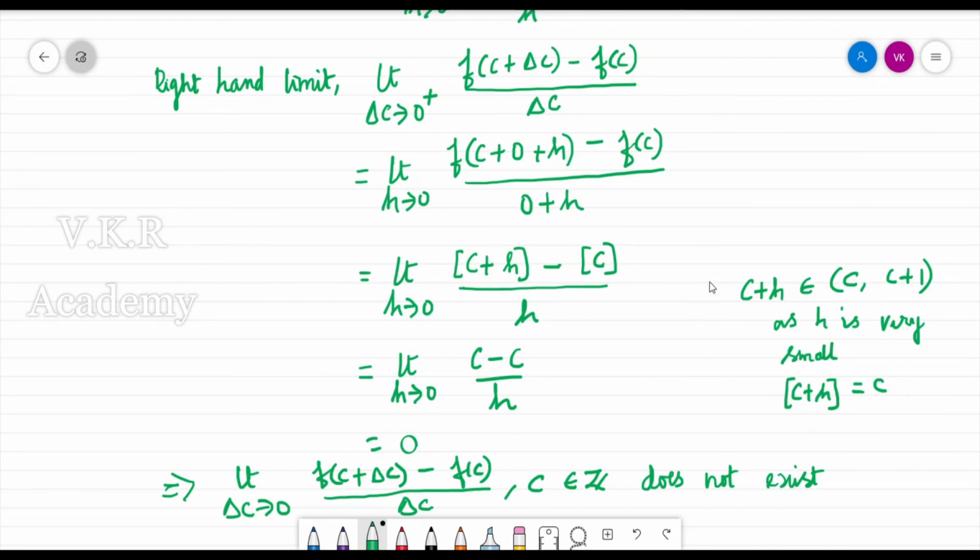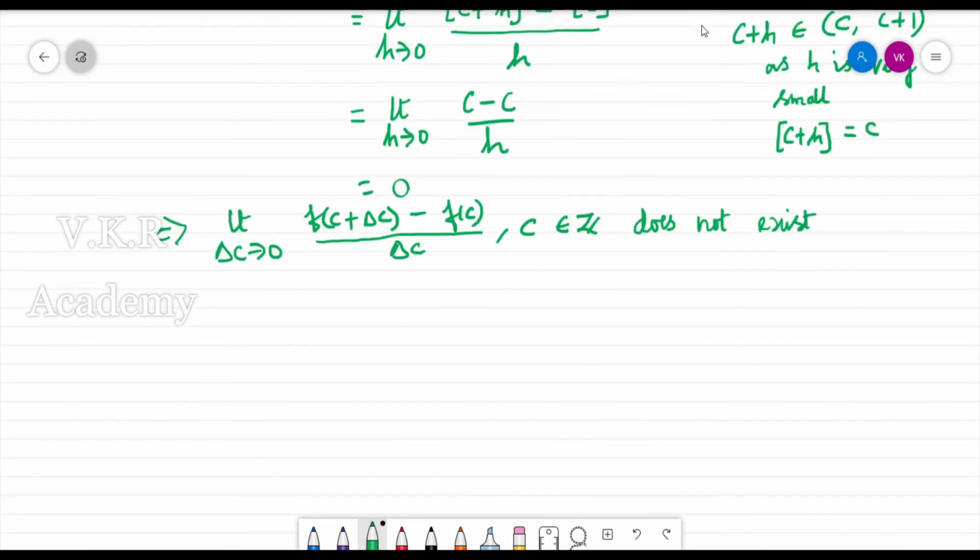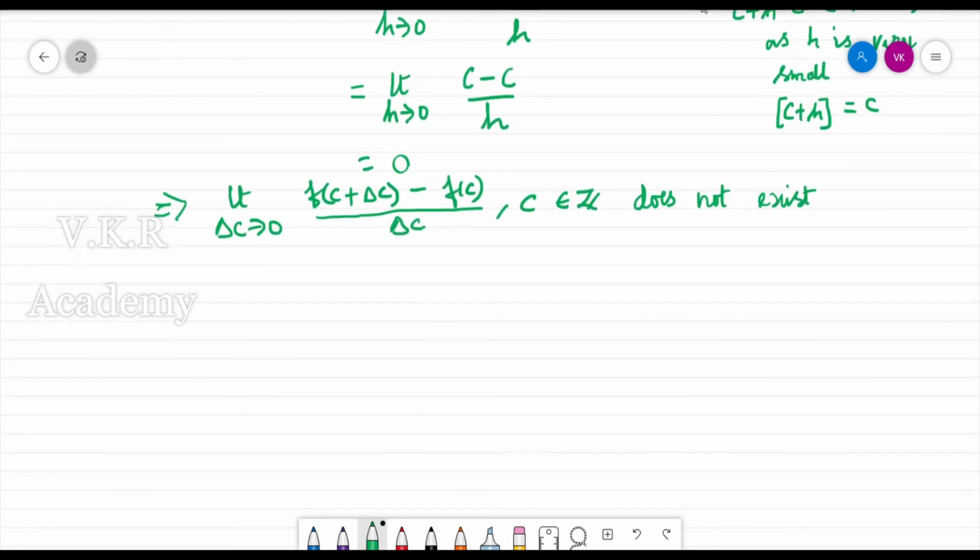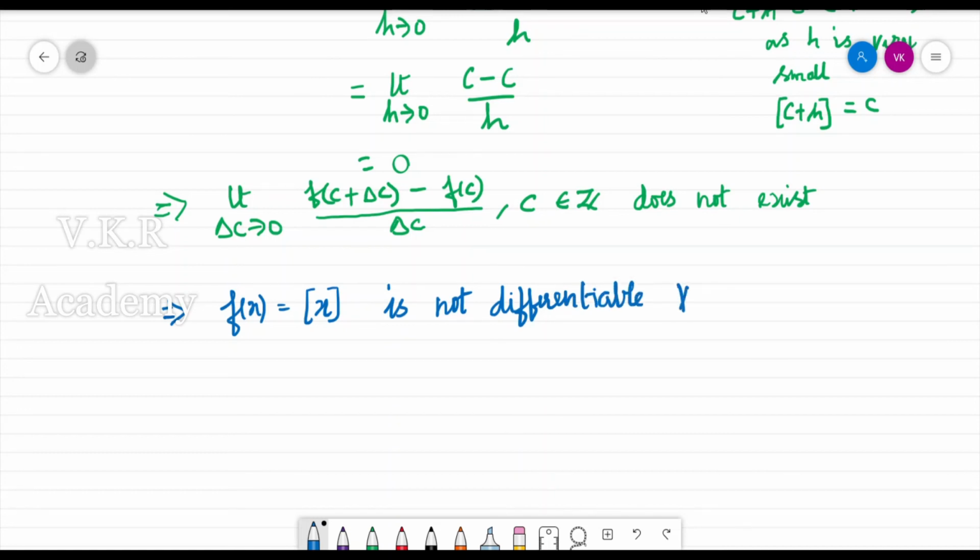So this implies f of x equal to greatest integer function of x is not differentiable for all x belongs to integers.